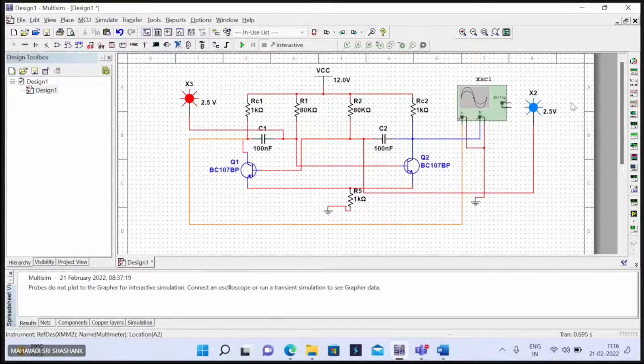Okay, ma'am. So students, have you seen the output of Shashank? You should get that kind of output.